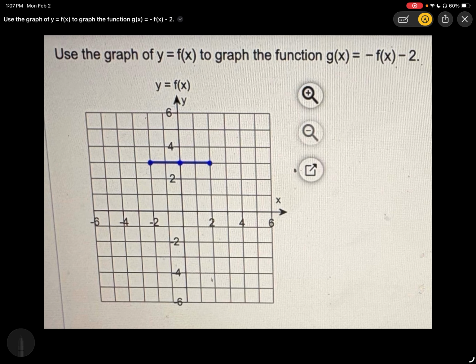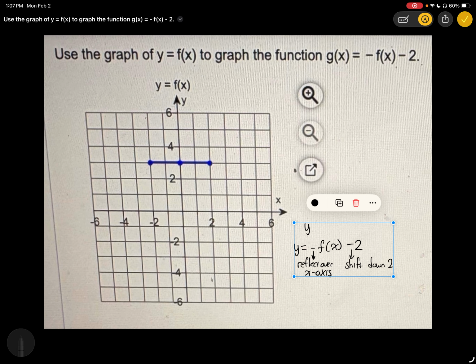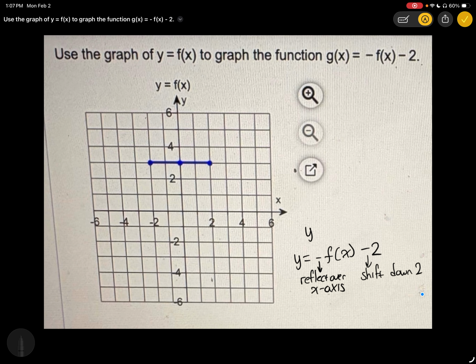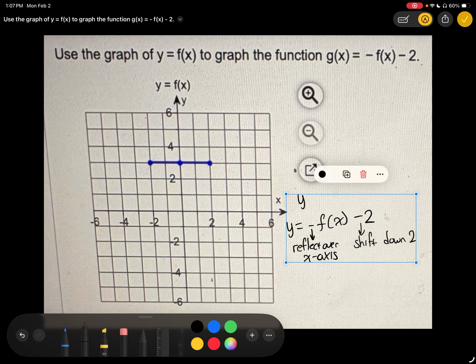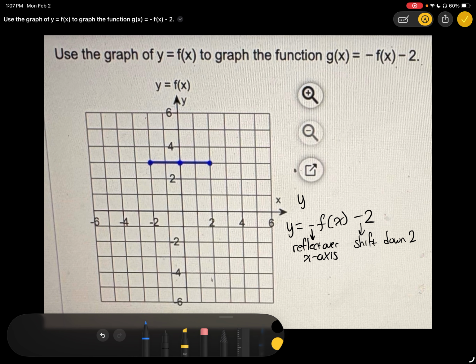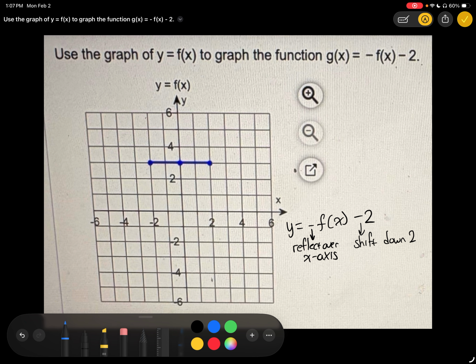Same thing I kind of just said to us. I don't need this top part. All right. So we have our graph. Our current graph is the one that they gave us. They already drew for us. So we're not worrying about that.